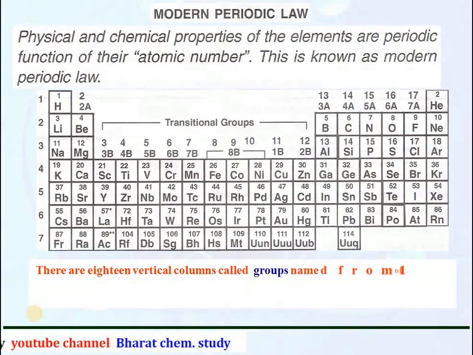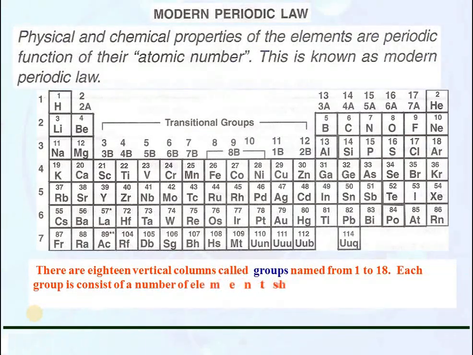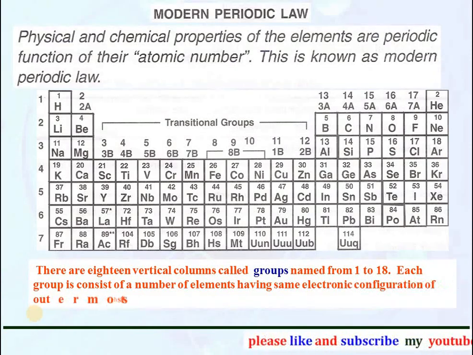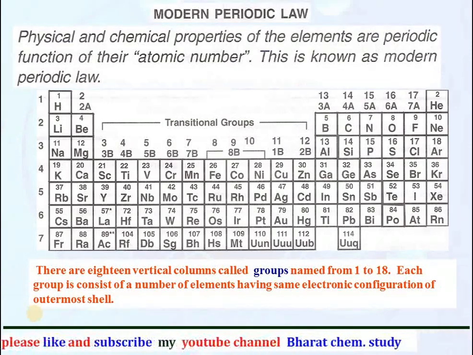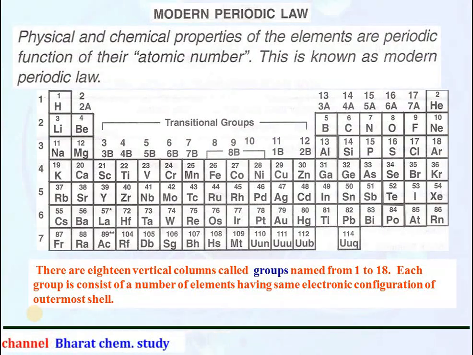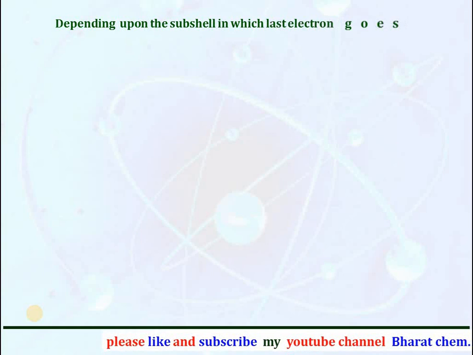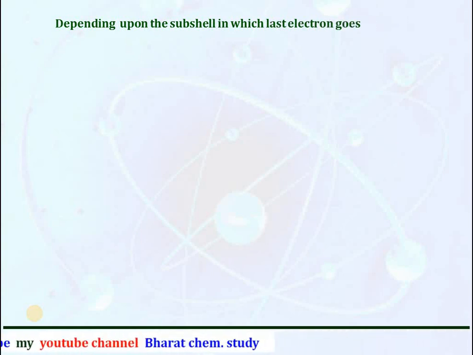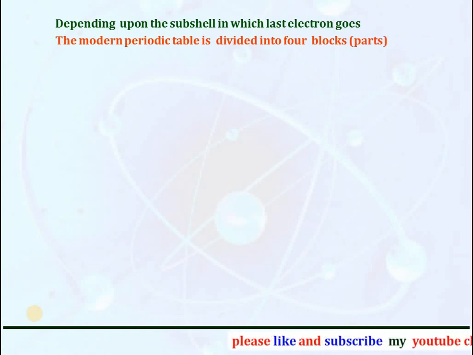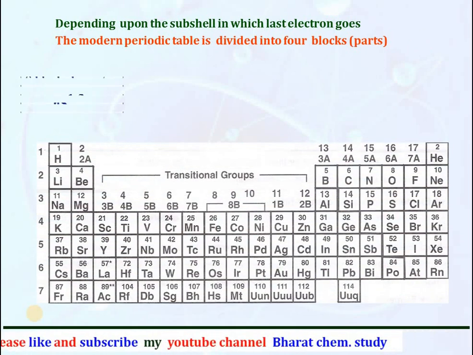There are 18 vertical columns called groups, numbered from 1 to 18. Each group consists of a number of elements having the same electronic configuration of the outermost shell. Now, depending upon the subshell in which the last electron goes, the modern periodic table is divided into 4 blocks, that is 4 parts.